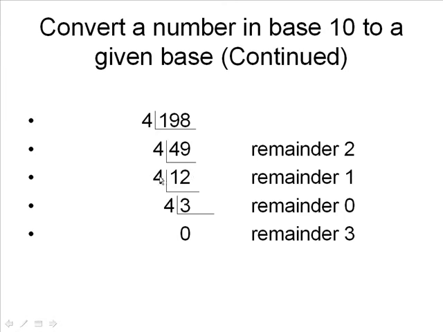And 12 divided by 4 again, the quotient is 3, remainder is 0. 0 is the third digit. And 3 divided by 4, the quotient is 0 and remainder is 3, which is the fourth digit. So from bottom to top, these are the digits of the number in base 4. And when we reach 0, the quotient, we can stop this process.